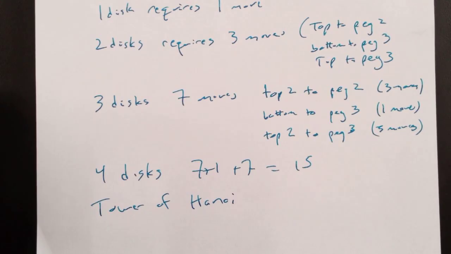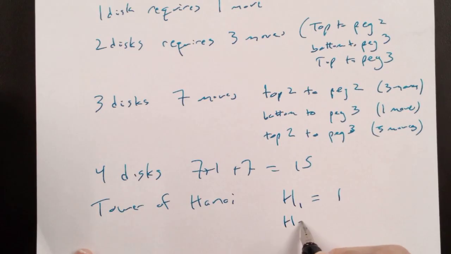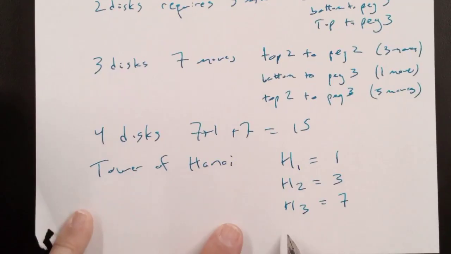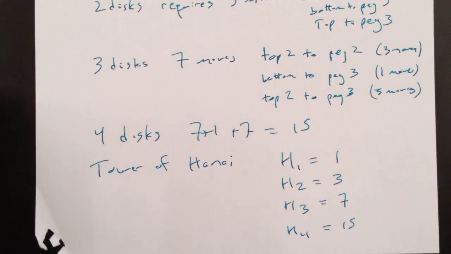So I'm going to call the number of moves for any number of disks H whatever. So right now I have H1 is 1, and H2 is 3, and H3 is 7, and H4 is 15. But think about the way we built H2. We really used H1 to build it, didn't we?